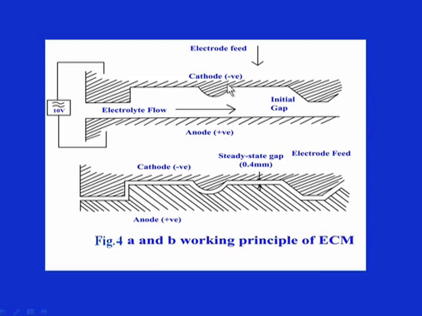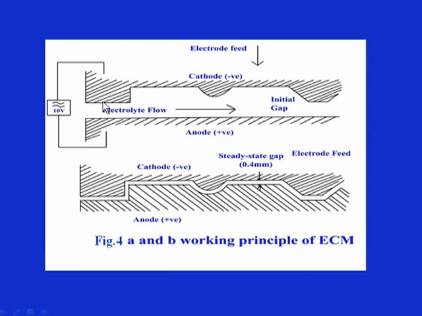This is the cathode or the tool which is connected to the negative of the power supply, something around 10 volt, and this is the anode which is connected to the positive end of this power source.